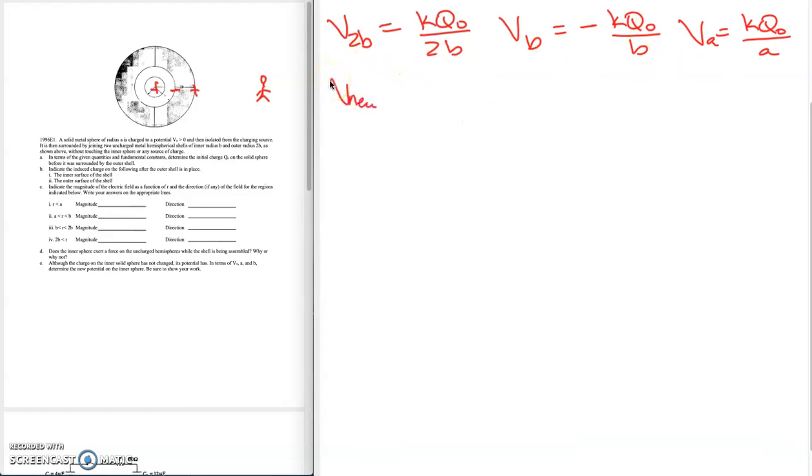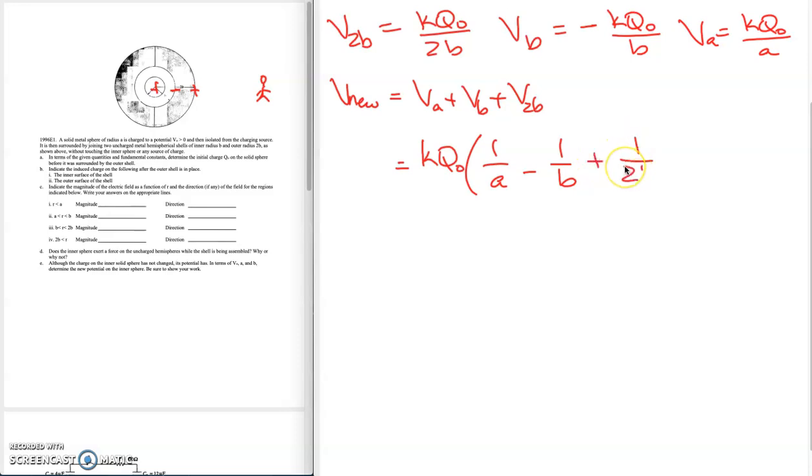So V new is going to be VA plus VB plus V2B. Adding these three expressions together, we're going to have K Q naught, and then we'll have 1 over A minus 1 over B plus 1 over 2B.